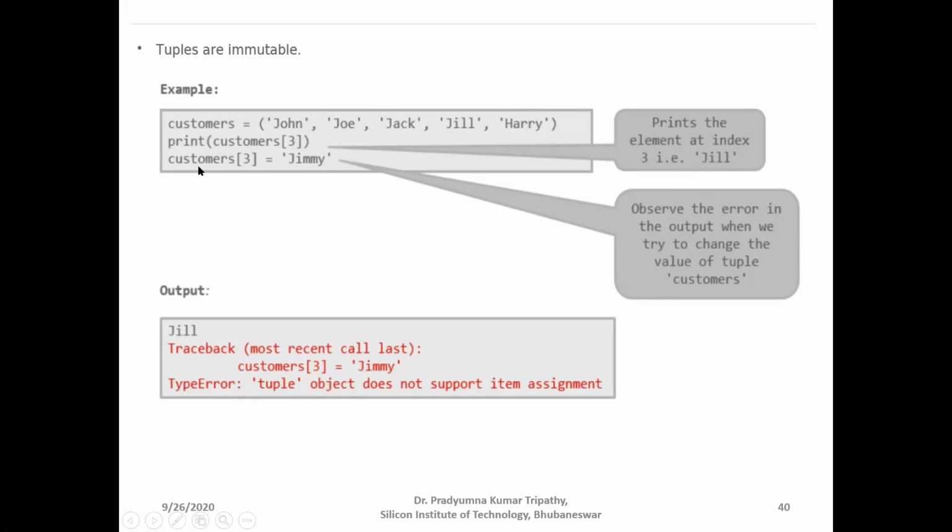But the moment I want to change it to Jimmy, if instead of Jill I want customer of 3 to be Jimmy, it gives you an error. So observe the error in the output when you try to change the value of the tuple customer.